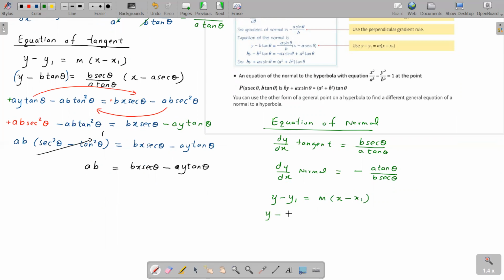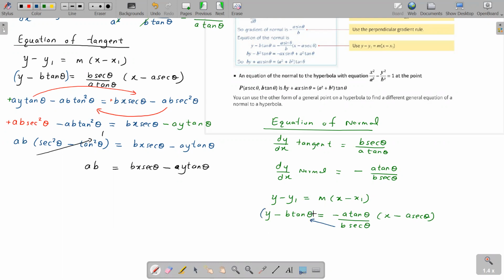And then let's get the equation: y minus y1 equals gradient times x minus x1. So y minus y1 is b tan theta, gradient m is minus a tan theta over b sec theta, and then x minus x1 is x minus a sec theta. Then take the b sec theta to the other side.